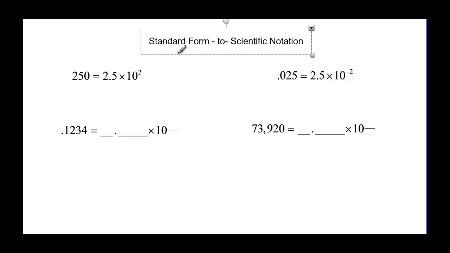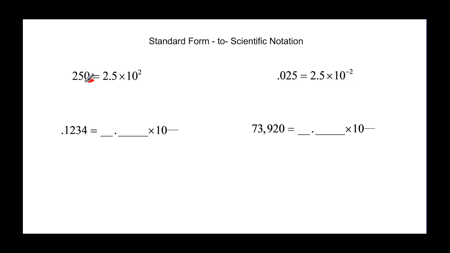So let's go from standard form to scientific notation. If you look at these first examples, we all know that the decimal in this number is actually behind the 0. 250, it would be 250.0 if we wanted to put something behind the decimal. But we need to move our number so that it is a number between 1 and 10.